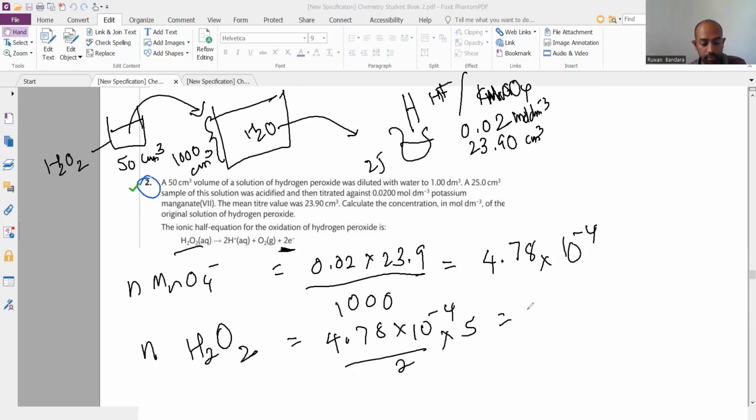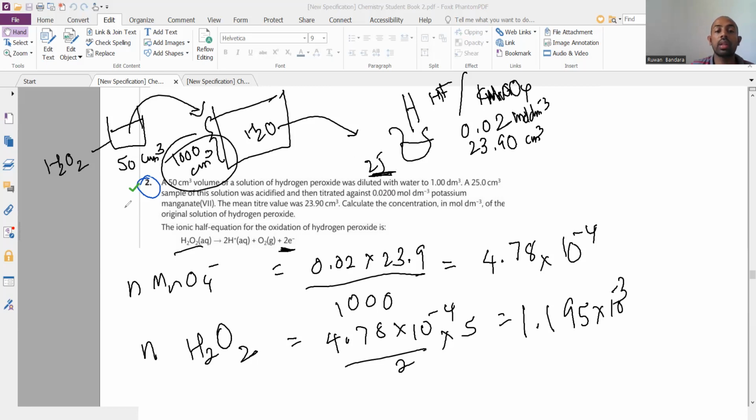That is 1.195 into 10 to the power of minus 3. This amount is present in 25.